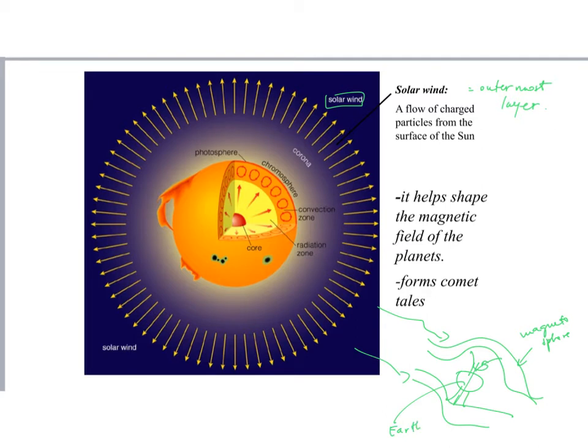All right, so it helps shape the magnetic field of planets, and also forms the comet tail. So you have the wind, right? And then a comet comes in its orbit towards the sun. So say the orbit is like this. If it's coming in this way, it's going to have the tail in the direction opposite to the sun.